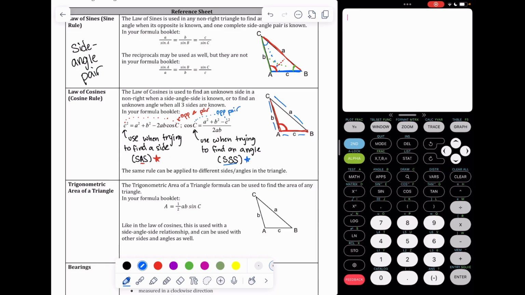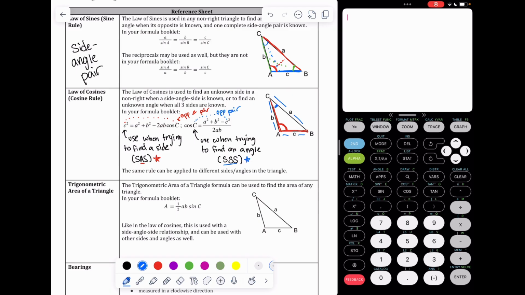So if we wanted, for example, to learn big angle C, we would have to do side A squared plus side B squared minus side C squared. We couldn't do C squared plus B squared minus A squared. It has to be the opposite pair that we're subtracting.